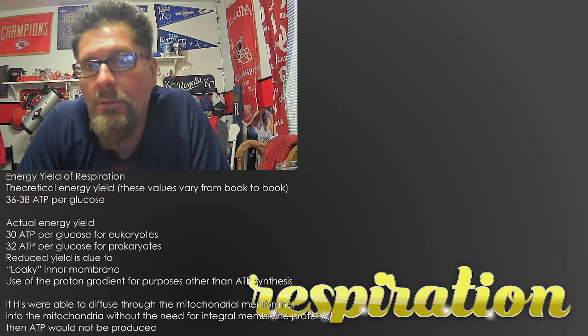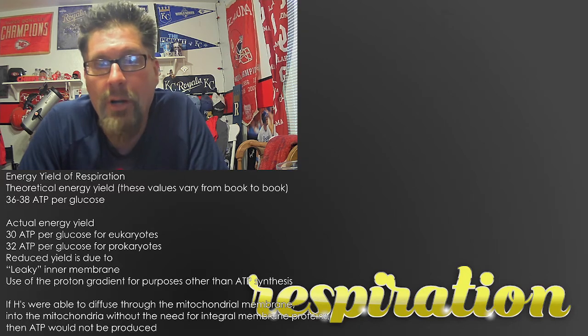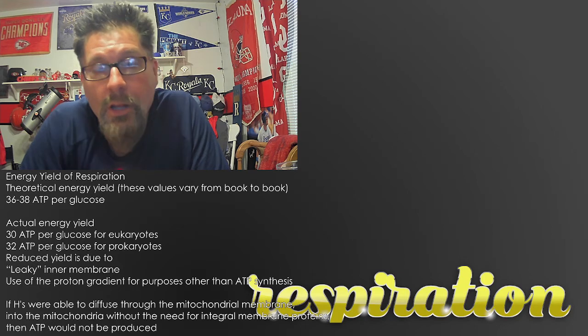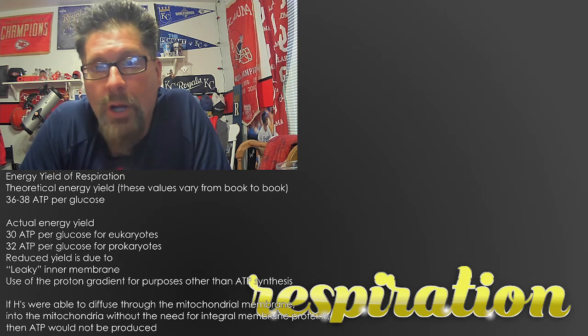So it is what it is. Based on the leakiness, losing some of those H's will reduce the number of ATP molecules that are made, because you can't make as many as you could have.